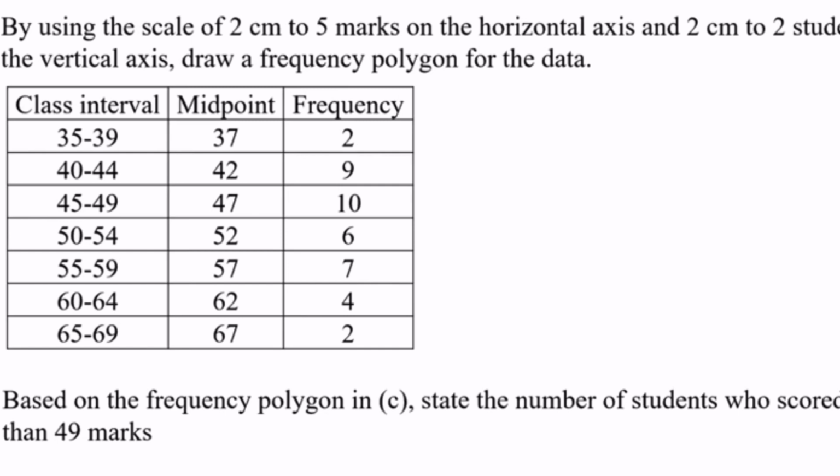You can use the graph paper right now to prepare the vertical axis and the horizontal axis. Follow the scale given: 2 cm to 5 units on the horizontal axis and 2 cm to 2 students on the vertical axis. So let's get started with the graph of the frequency polygon right now.